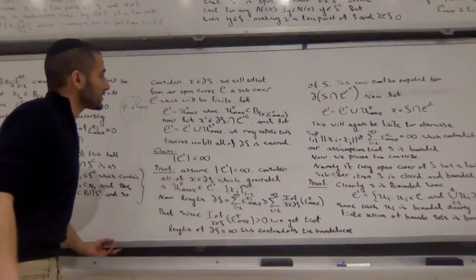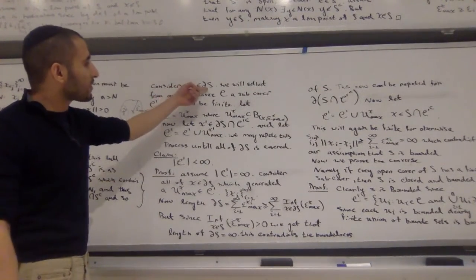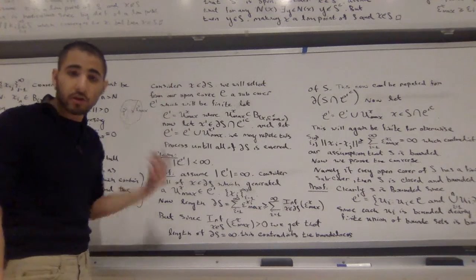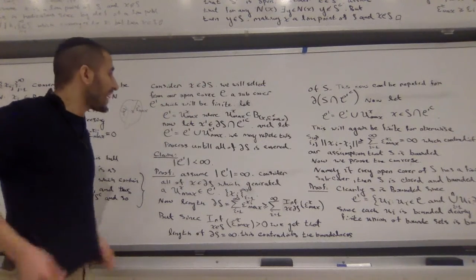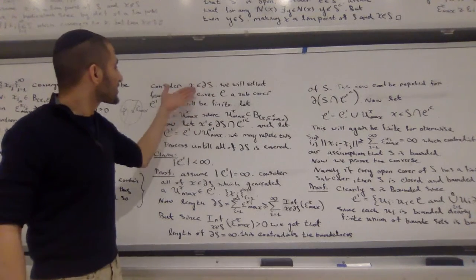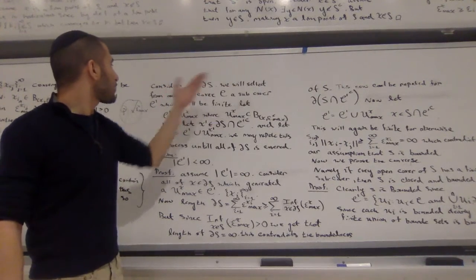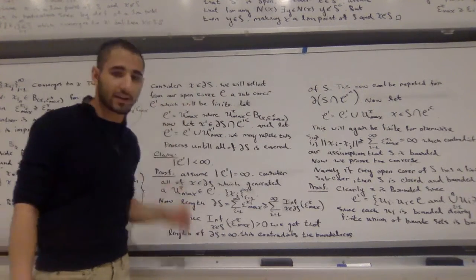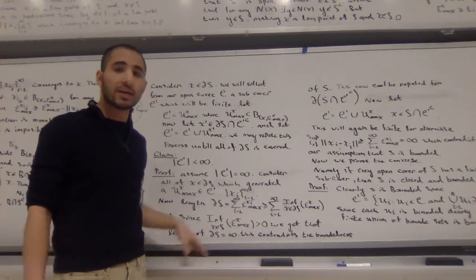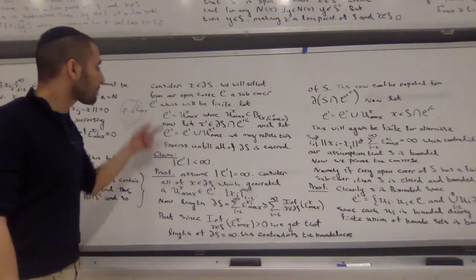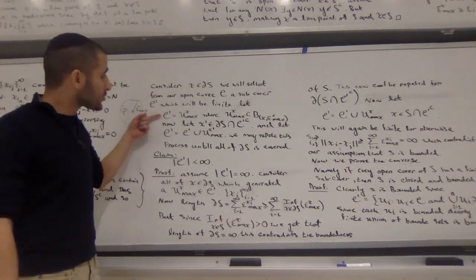Now we can consider x on the boundary of S. Of course, the boundary of S is in fact contained in S because S is closed. So we select one such element, and we select from our open cover C a subcover C prime, which will be finite. Since S is closed and bounded, we will show that we can get this finite covering. We do it by iteration.